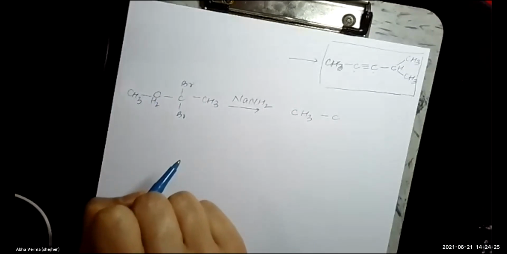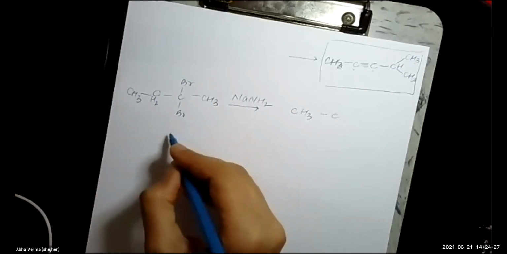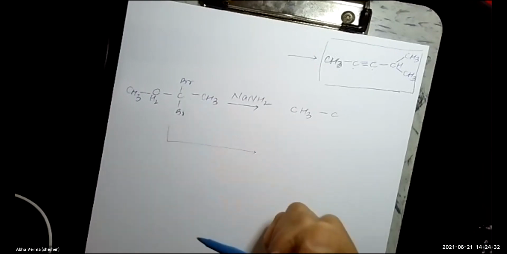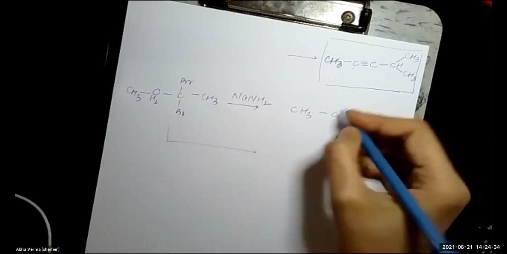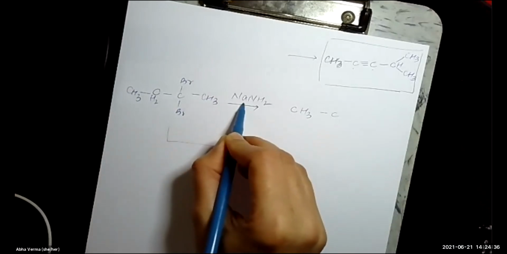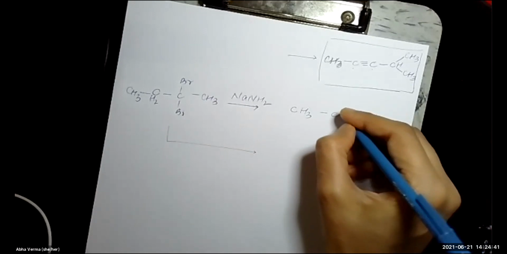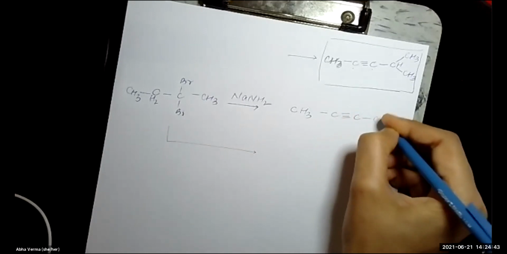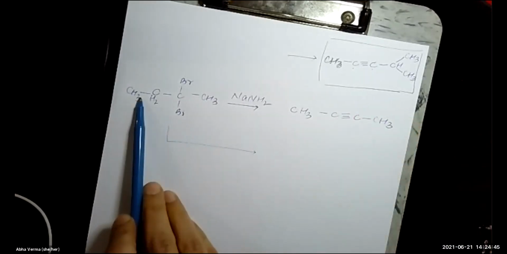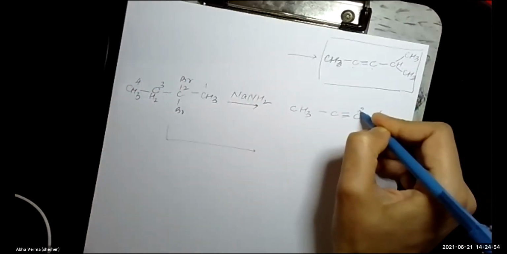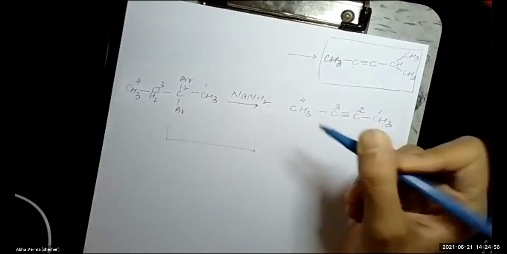Had you used a stronger, bulkier base, then you could have formed a terminal alkyne. But in this particular case, where your base is a regular sized base, you will get a more substituted alkyne. But the number of carbons that you see here are exactly the same. 1, 2, 3, 4. 1, 2, 3, 4.